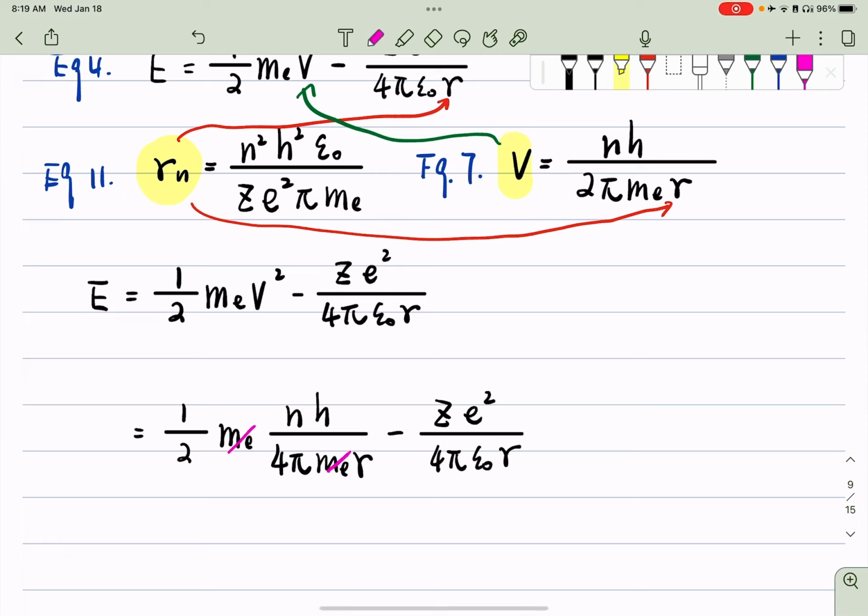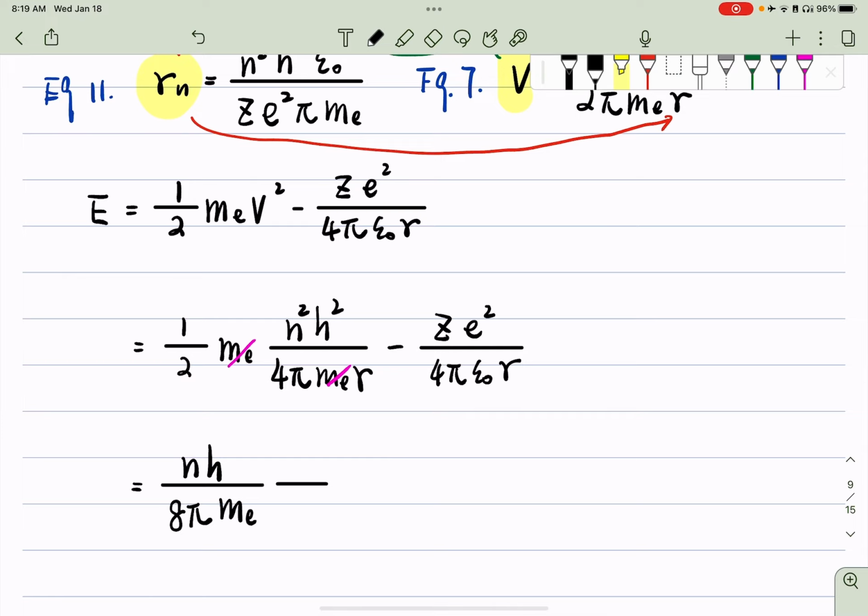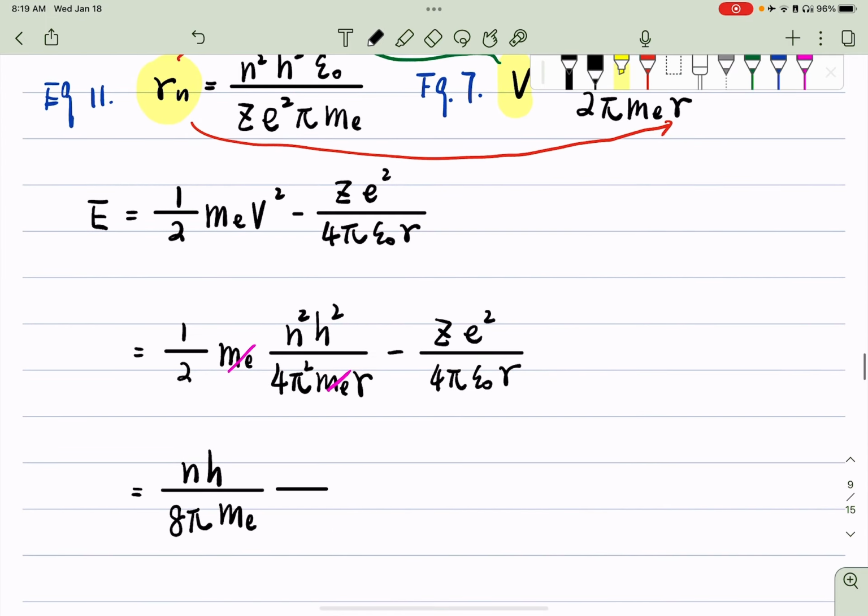And here we can just cancel out our m_e. That gives you n h over 8 pi m_e, oh sorry, I need to have the square here. 4 pi squared, so that ends up to be 8 pi squared m_e.